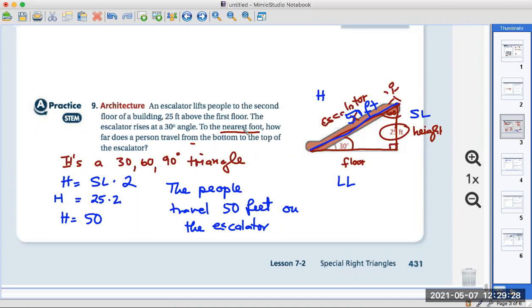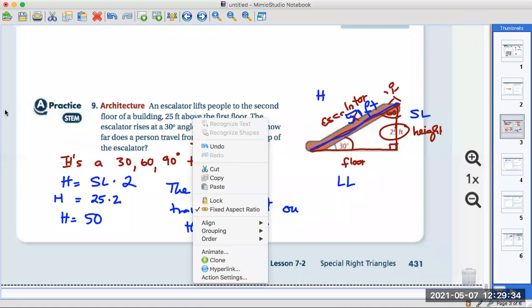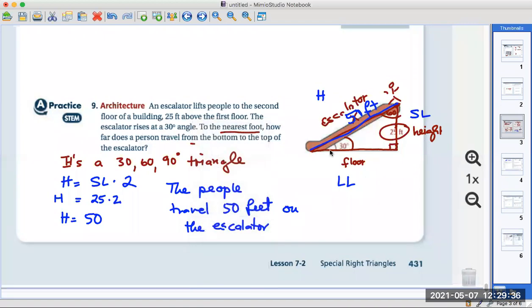And that's why they said to the nearest foot, because this right here would be the shorter leg times the square root of 3. So this would be 25 times the square root of 3. And then if you find that number, you would use your calculator.